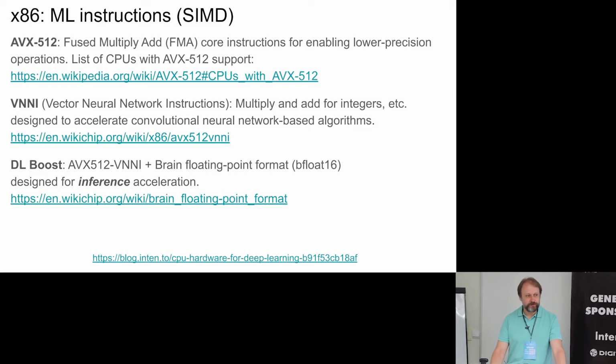AVX 512 is the latest, largest set of instructions suitable for deep learning. It's not the only one. There are some additions like VNNI, DL Boost in Intel. So modern software and libraries, especially from Intel, use these instructions, and these instructions add a lot to your performance. And if you dive to this level in assembler, you can optimize your code and performance significantly.